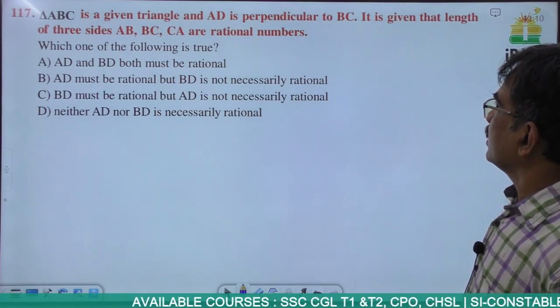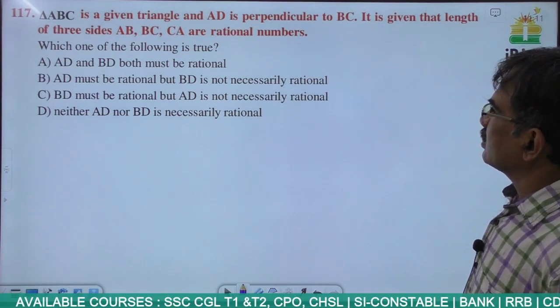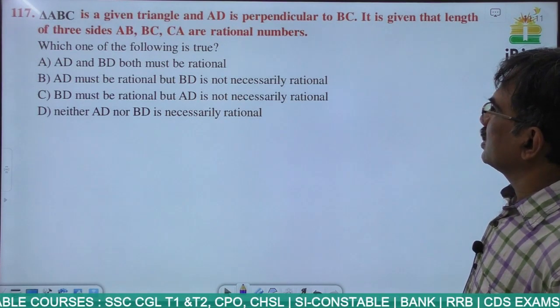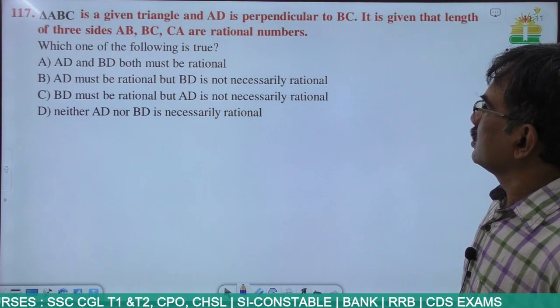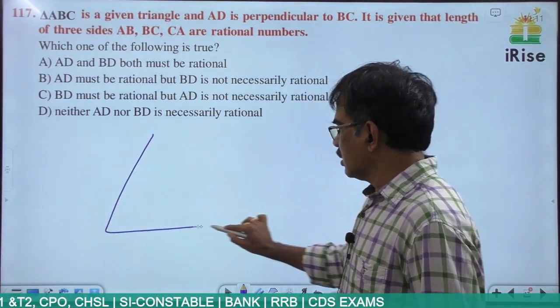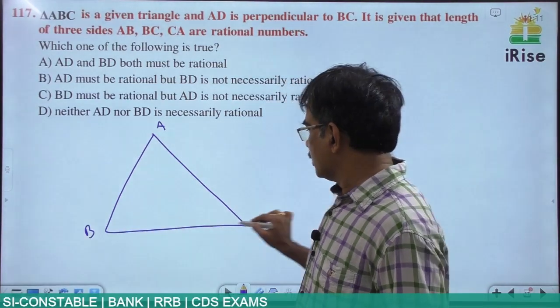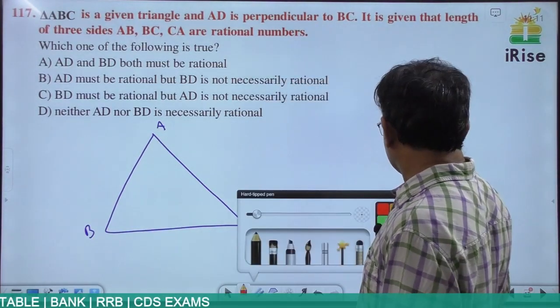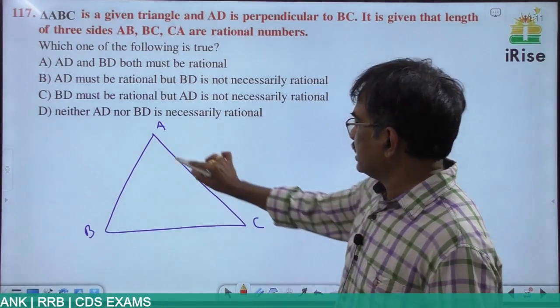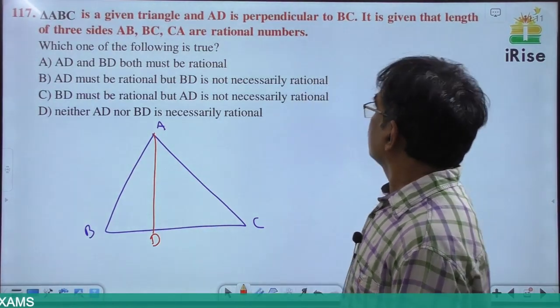In a given triangle, AD is perpendicular to BC. It is given that the lengths of the three sides AB, BC, CA are rational numbers. This is a very logical question, I think. ABC is a given triangle. This line AD is perpendicular to BC.